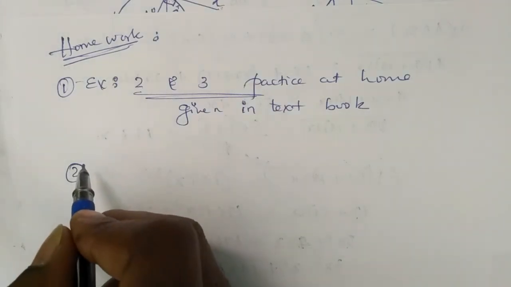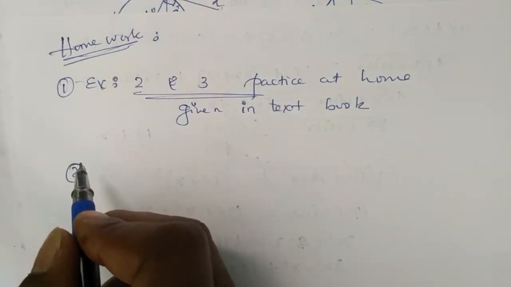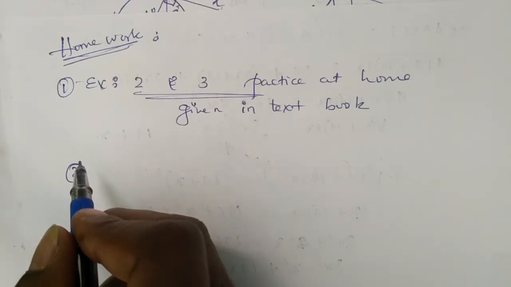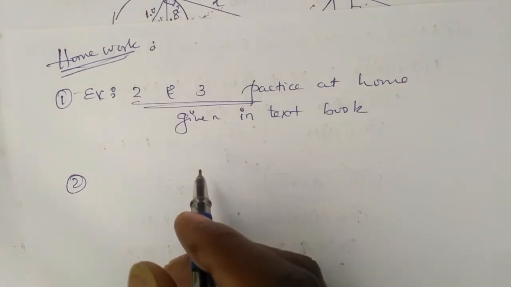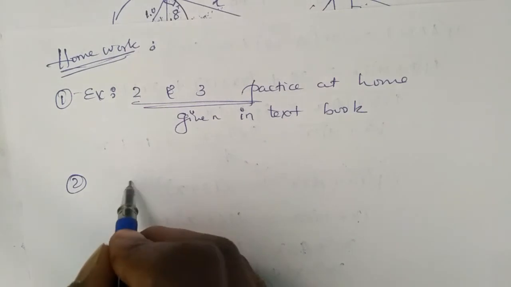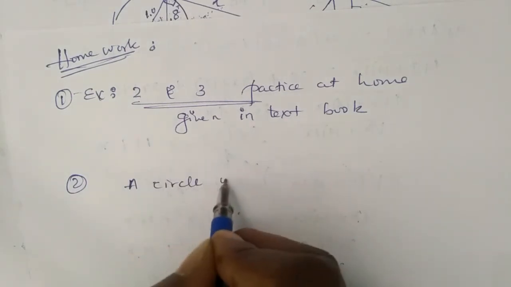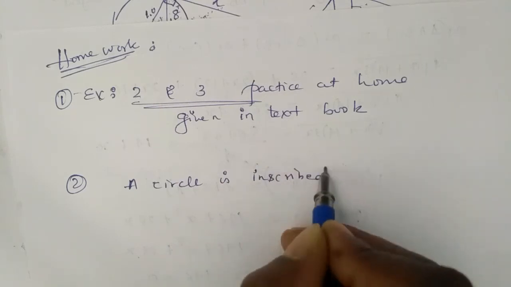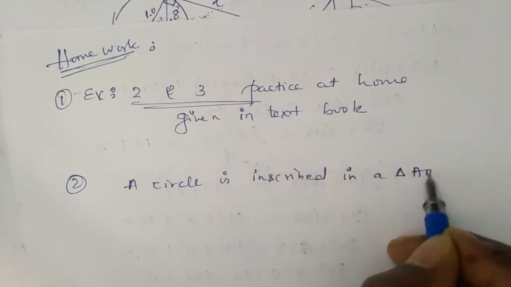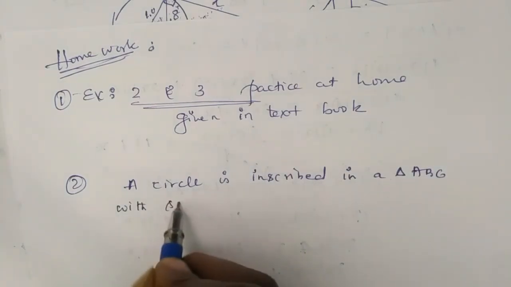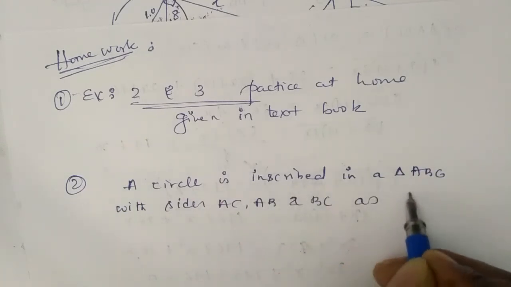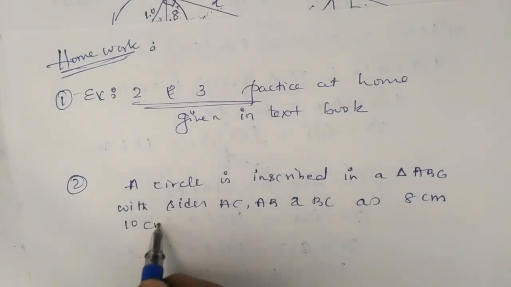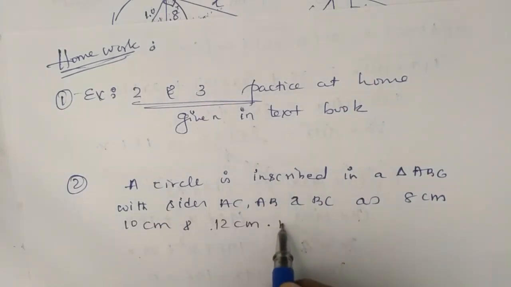The second one is: a circle is inscribed in a triangle ABC with sides AC, AB and BC as 8 centimeter, 10 centimeter and 12 centimeter respectively.